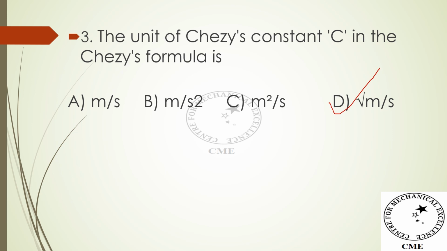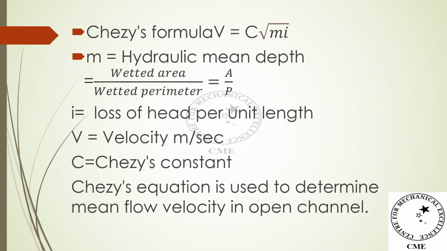We know Chezy's formula: V is equal to C into root of mi. Here V is the velocity, C is Chezy's constant, m means hydraulic mean depth, and i is the loss of head per unit length.